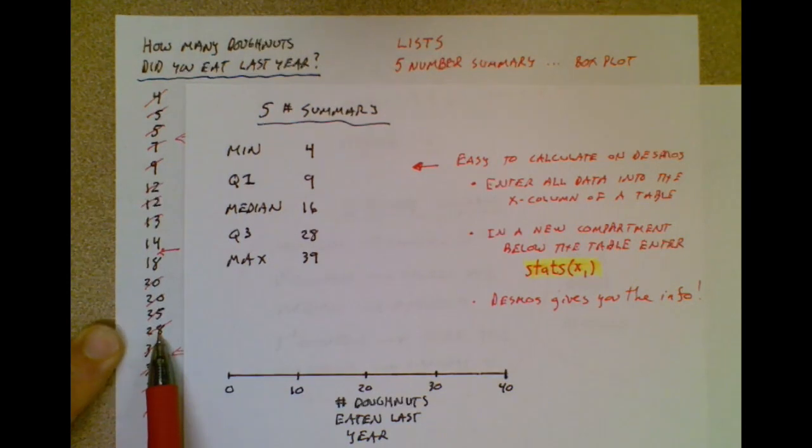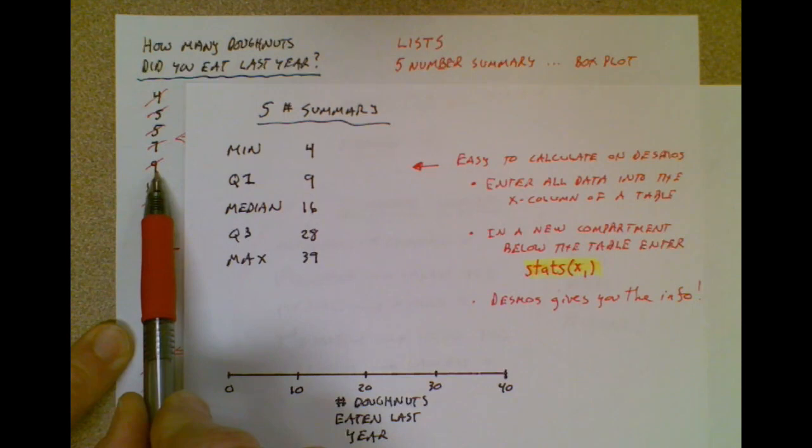This is otherwise known as the 75th percentile, and this is otherwise known as the 25th percentile.